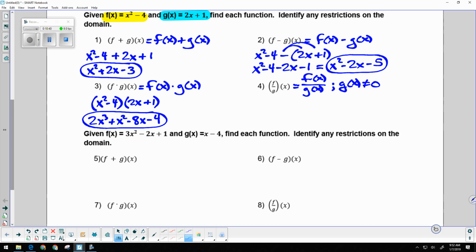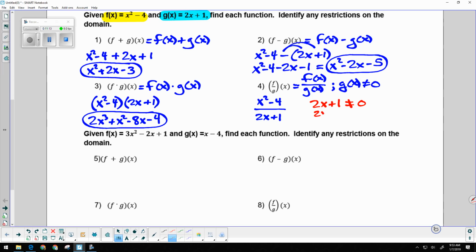Okay, and then finally in this example, number 4, f of x divided by g of x. F of x is x squared minus 4. G of x is 2x plus 1. Now, we're not actually going to do any division. But what we do have to show is where the domain is restricted. All right, you take your denominator and you set it not equal to 0 and solve for x.